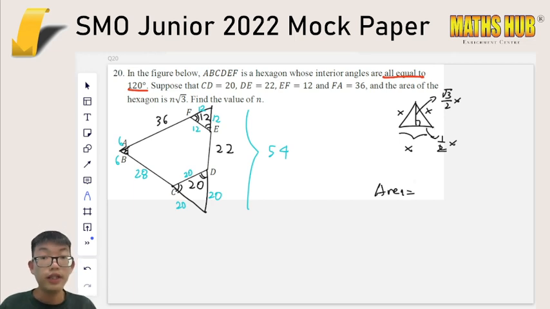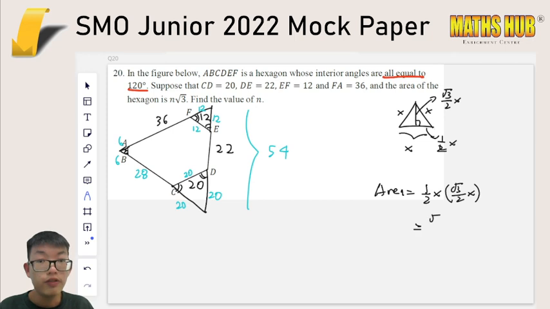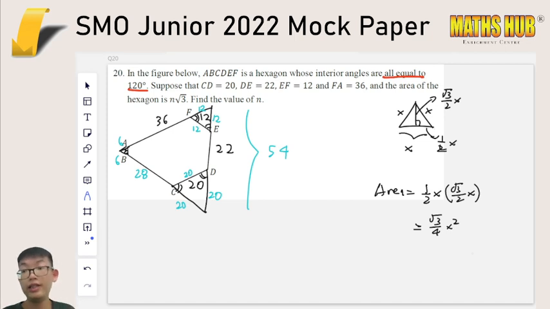And so the area of your equilateral triangle is half x times square root 3 over 2 x, which is square root 3 over 4 x squared. So that's the formula for area of an equilateral triangle, in case you have not seen it before.